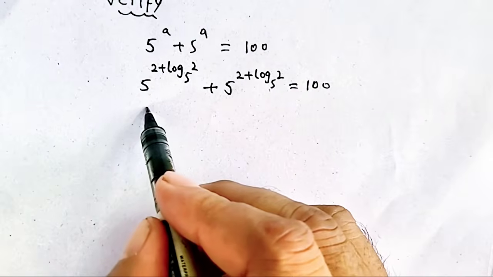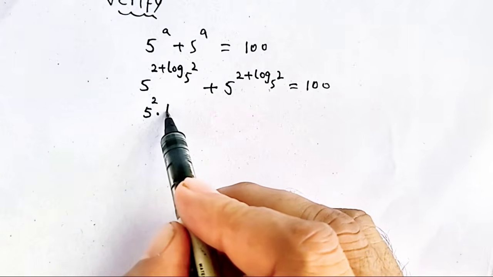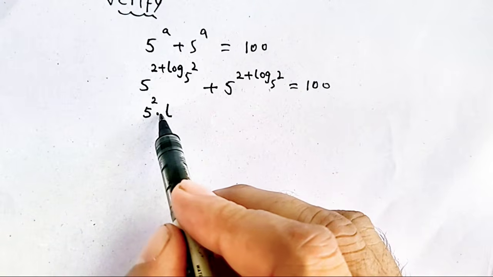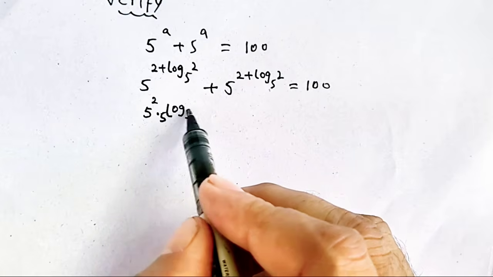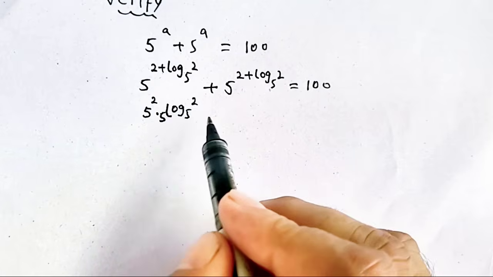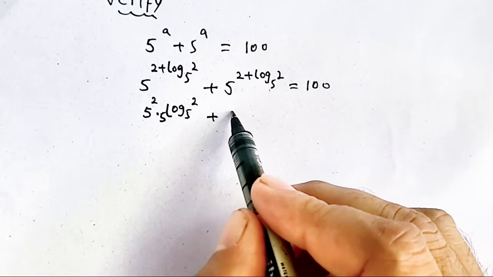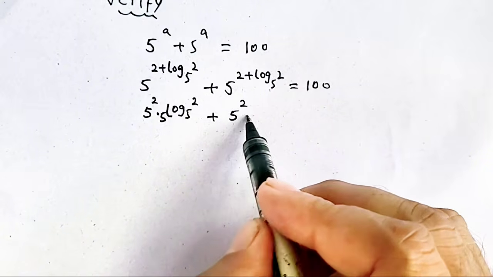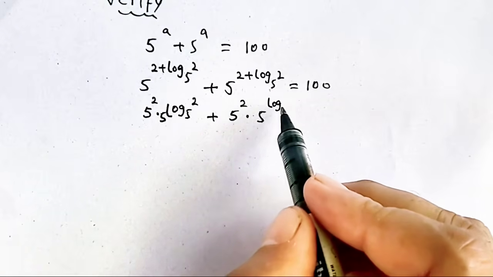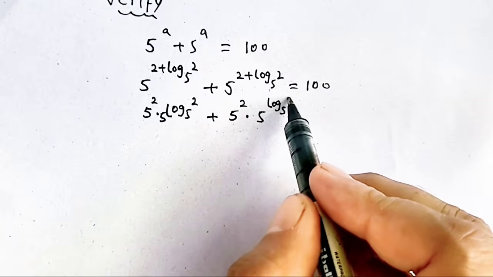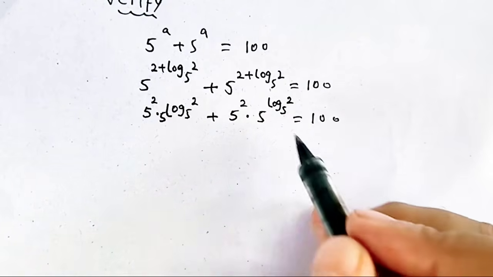Now we will get 5 squared times 5 raised to log base 5 of 2. Similarly, applying here, we will get 5 squared times 5 raised to log base 5 of 2 will be equal to 100.